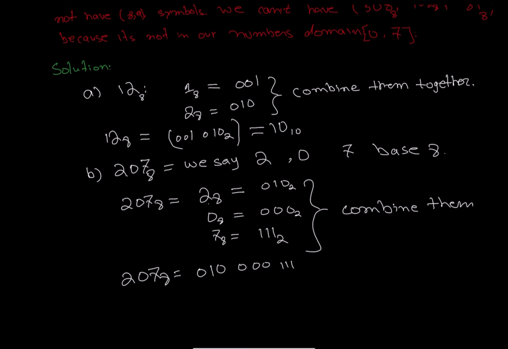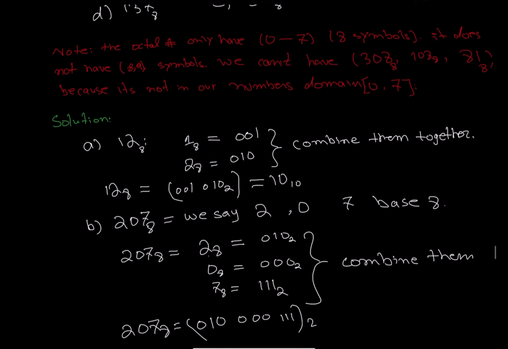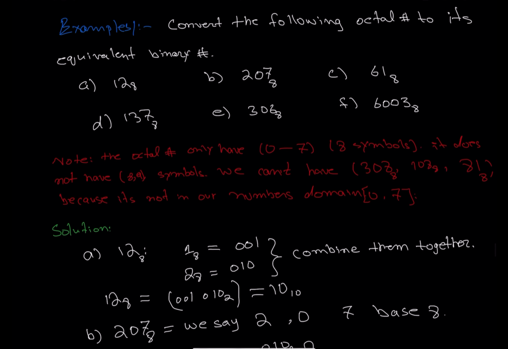So 2 is 010, 0 is all zeros, 7 is 111. Combine these three together and you'll get your binary number. That will be a little bit longer number to convert to decimal, but we will work on that later. So that's how we solve this problem.